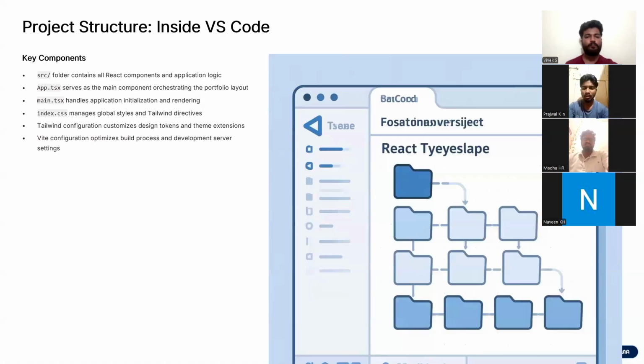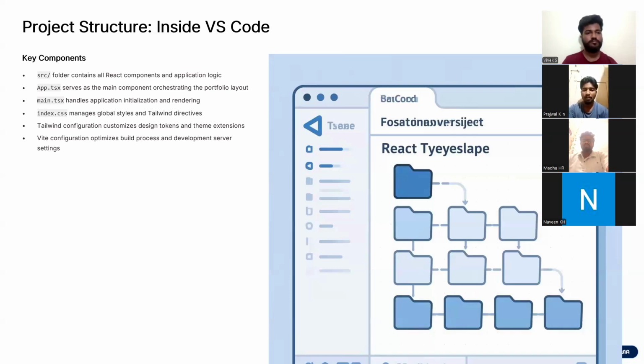Main.jsx or main.tsx is the entry file responsible for initiating and rendering the application. Then index.css contains the global styling and site-wide CSS configuration. And the Vite configuration is the engine for fast bundling, development server setup, and optimizing production builds.